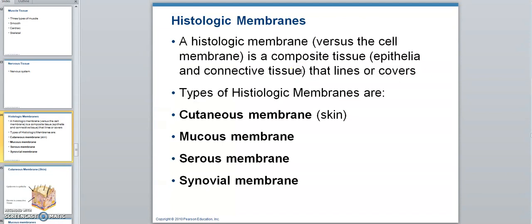Remember this chapter I did epithelia and soft connective tissue. So a histologic membrane is composed of epithelia on top of a basement membrane, a basal lamina, and some connective tissue. But that connective tissue will be a soft connective tissue. The 4 types of membrane mainly that we'll talk about are cutaneous, mucous, serous, and synovial.